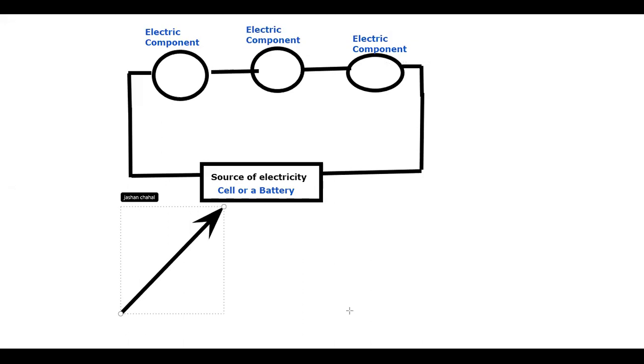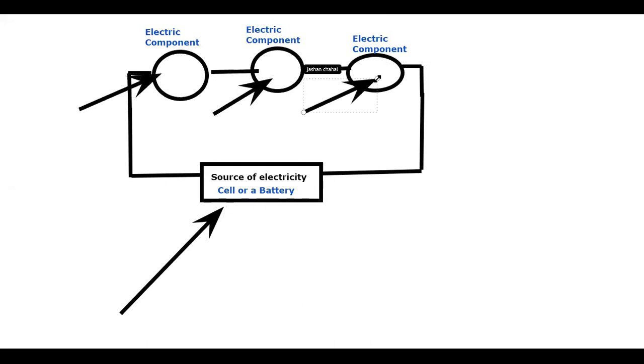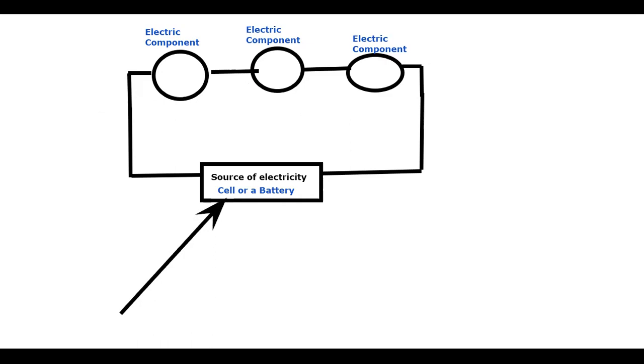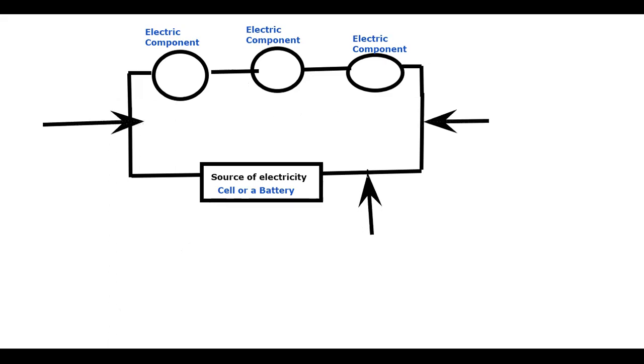or a battery. And further, we are having various electric components joined with the cell or a battery using conducting wires. Now all the equipment and components are joined by wires made up of a conducting material.